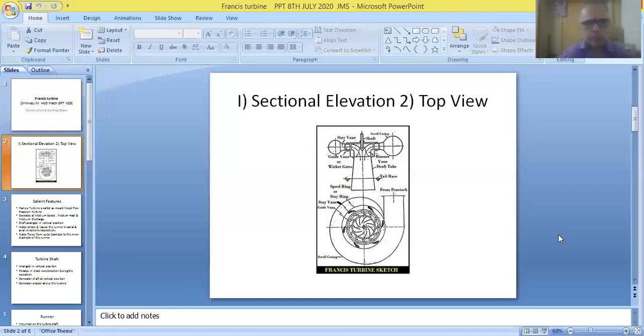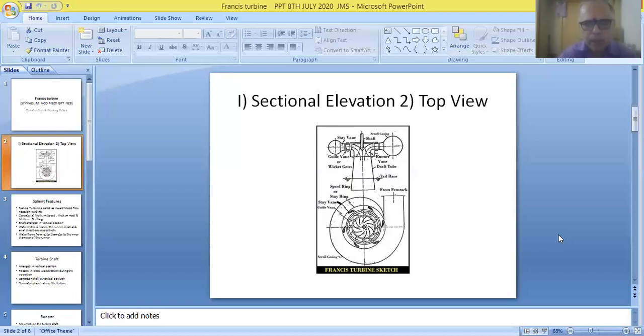Now, coming to the working of this machine, so water coming from the penstock, as shown in the second figure, will be entering the casing, and this water will be flowing in clockwise direction.